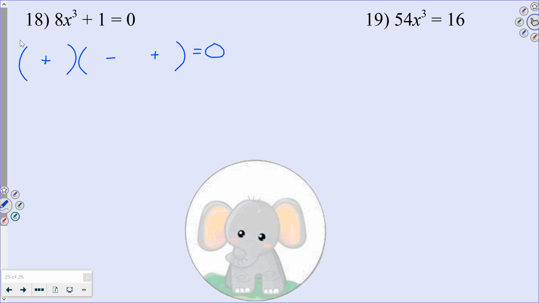What is the cubed root of 8x cubed? 2x, good. Cubed root of 1, 1. Square, multiply, square. So what is 2x squared? Multiply 2x times 1. And then what is 1 squared? So there it is factored.